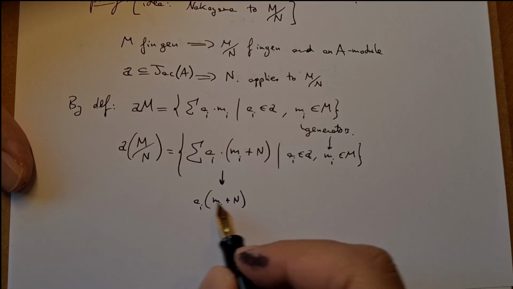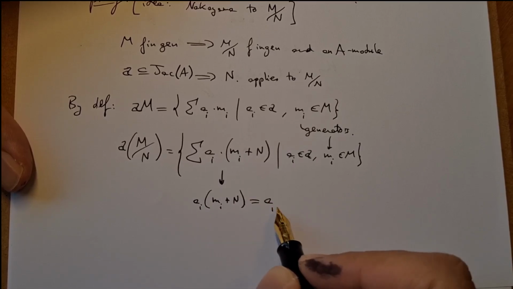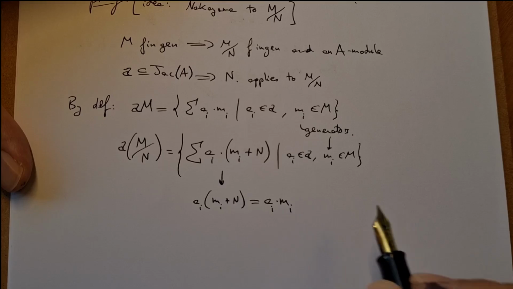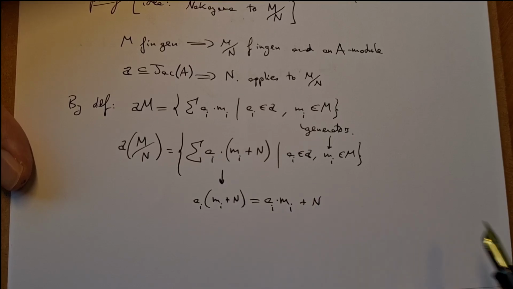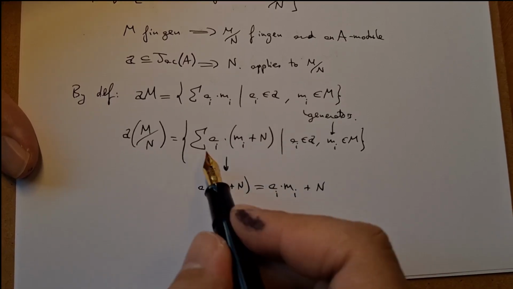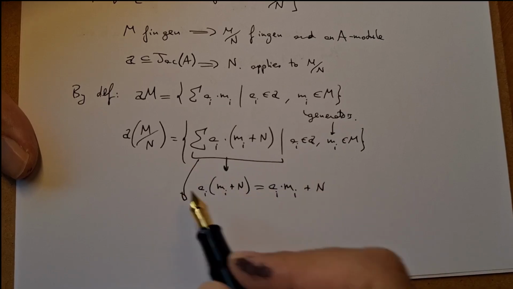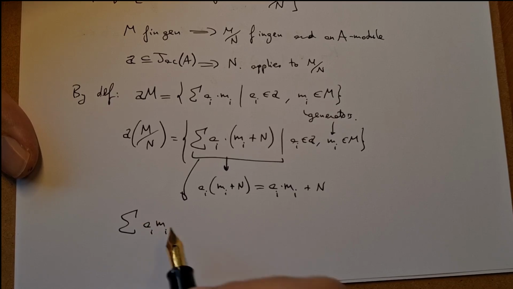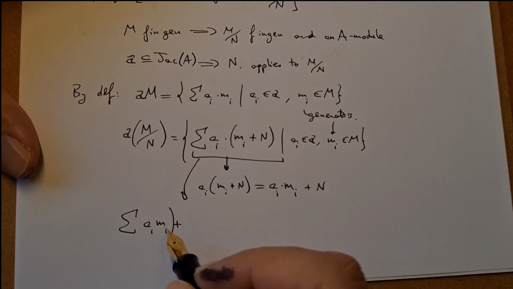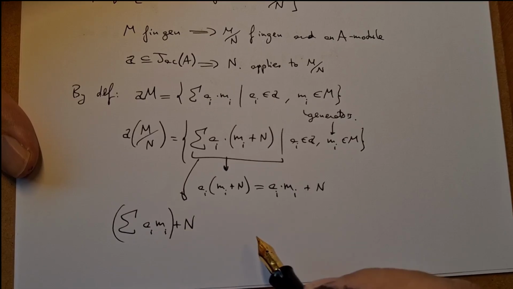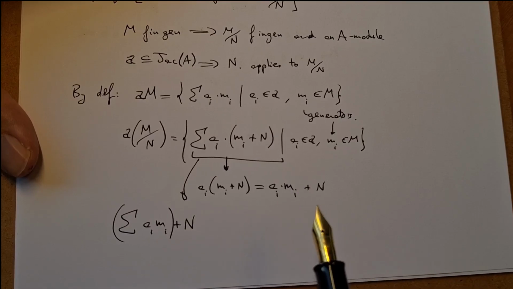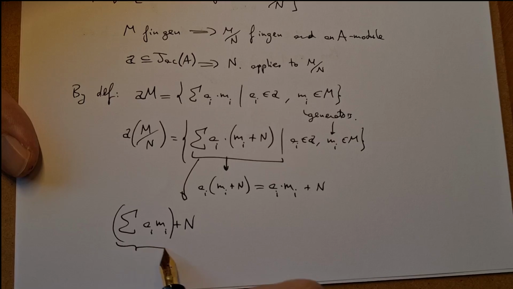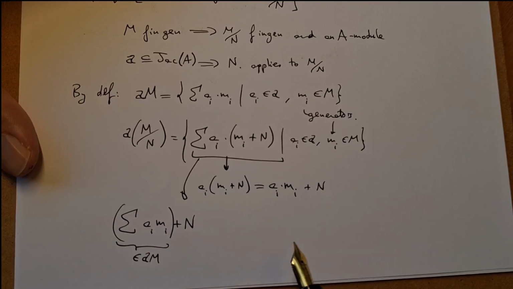Now observe that here, if we have A sub i multiplied by M sub i plus N, we can distribute this. So all this thing is the same as writing A sub i multiplied by M sub i, so all this goes inside, plus N. And here, this side here, this belongs to AM.